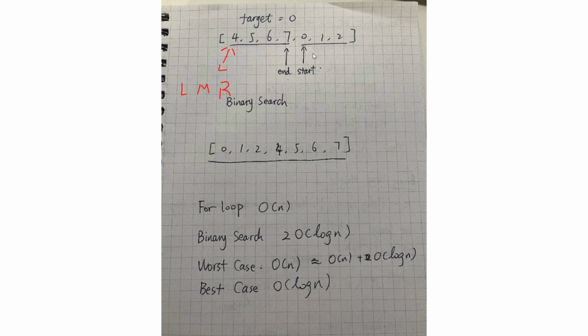For the right-hand portion, the left will be the start and the right will be the last element. Basically we run binary search on these two portions, and if the target is in the initial array, one portion will return -1 and the other will return the index in the original array.